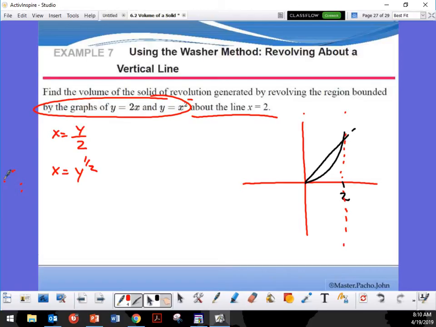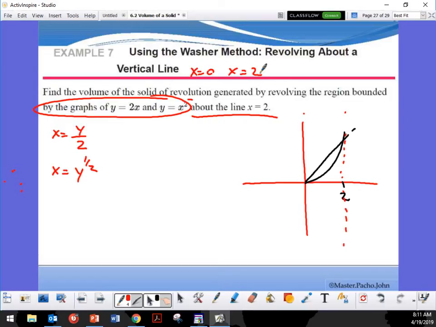And so now my bounds are going to be in terms of y now, right? So, let's plug these in. Let's plug in my points, which were x equals 0 and x equals 2. So when I plug that in, what am I going to get here? If I plug in 0 for this, I get 0, right?